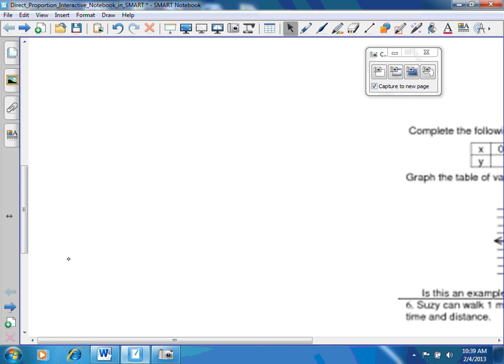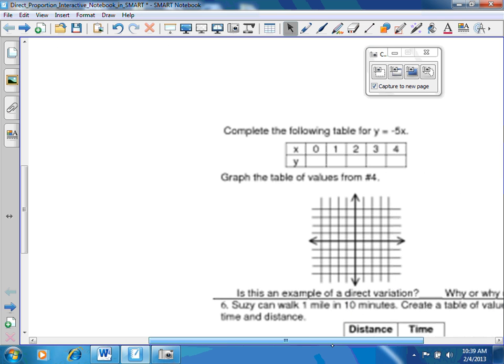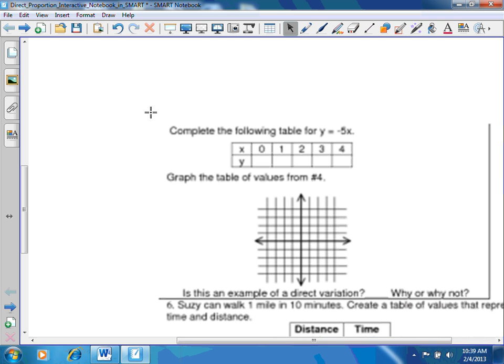Okay, the next problem I want you to glue underneath the Susie problem. This one right here where it says complete.